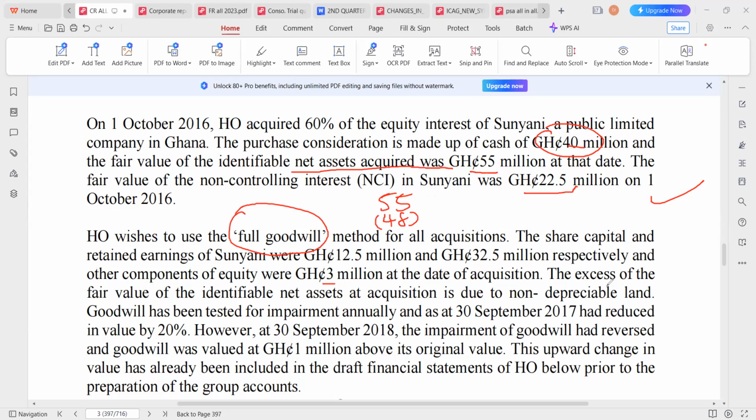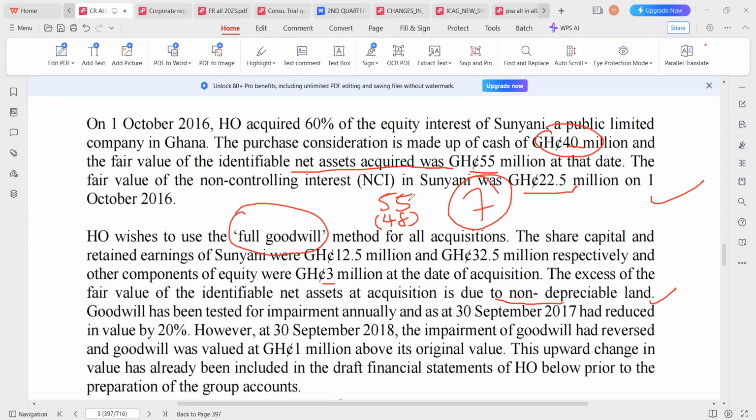So they say the excess of the fair value of the identifiable net asset at acquisition is due to non-depreciable land. So here it means the fair value adjustment will affect OCI. So you go and just add 7 to OCI. That's all. It won't go anywhere again. You are done.